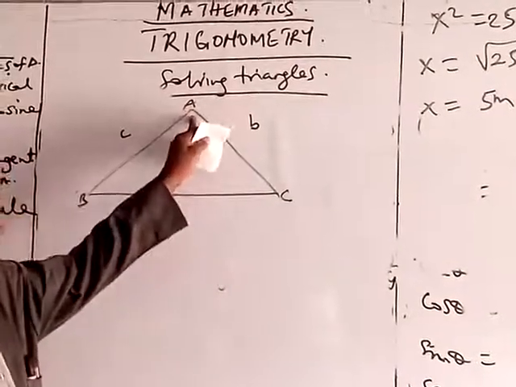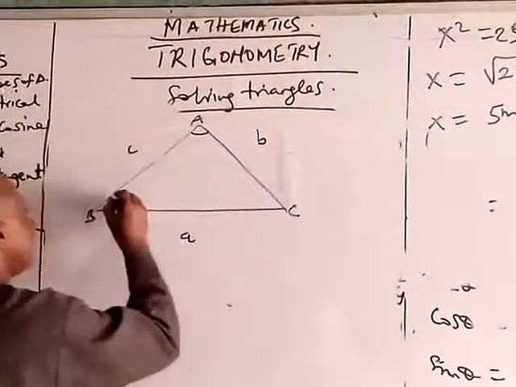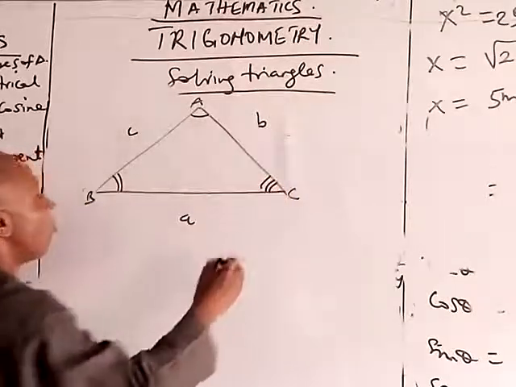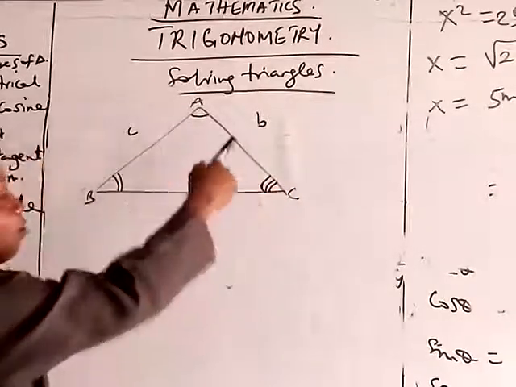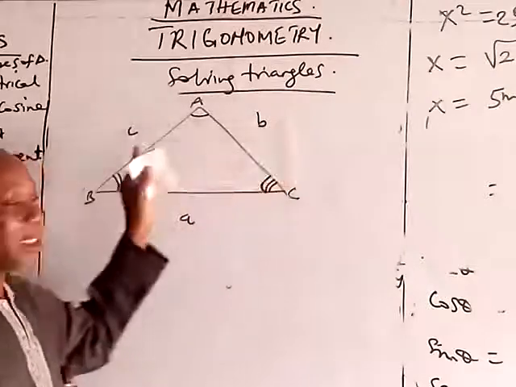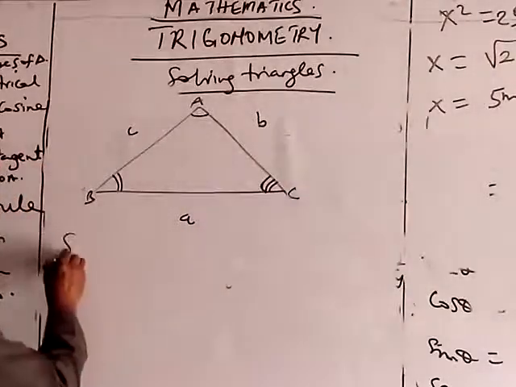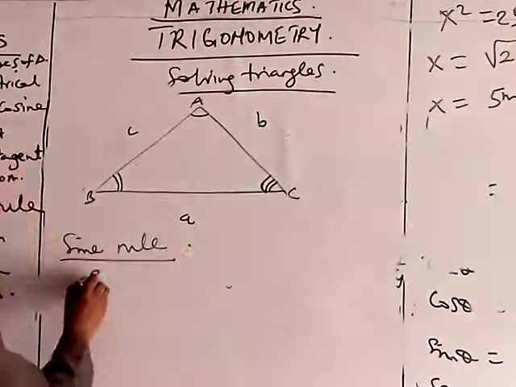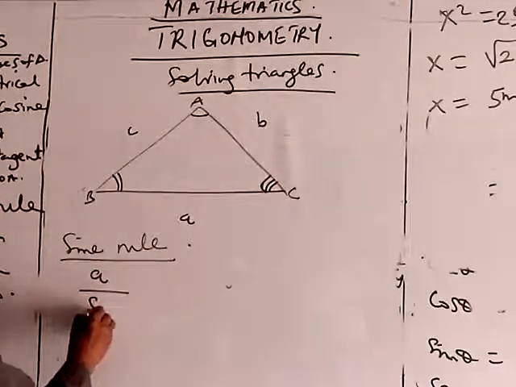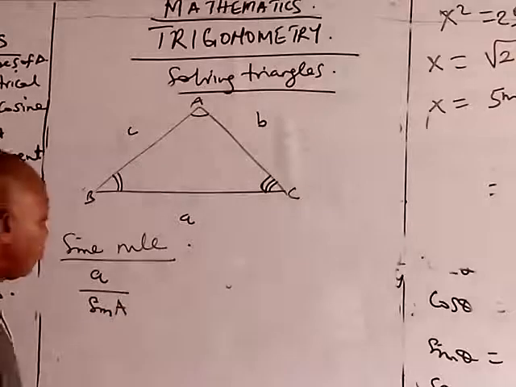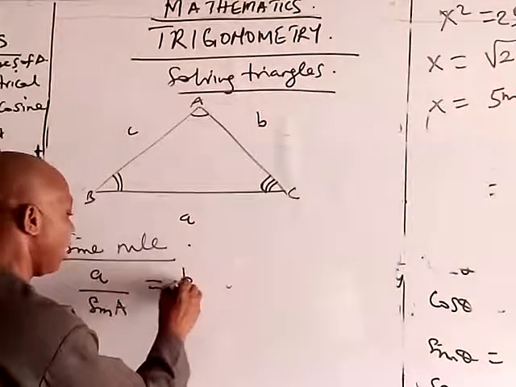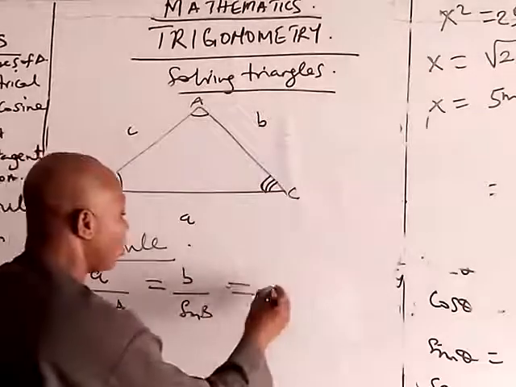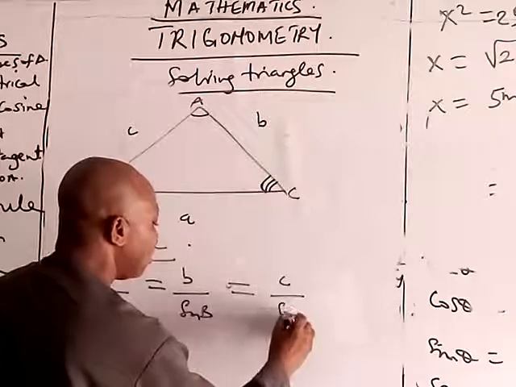This is angle A, and this is angle B, and this one is angle C. That is why we use the small letter for the corresponding side. Now, the sine rule says that a over sine A is equal to b over sine B is equal to c over sine C.